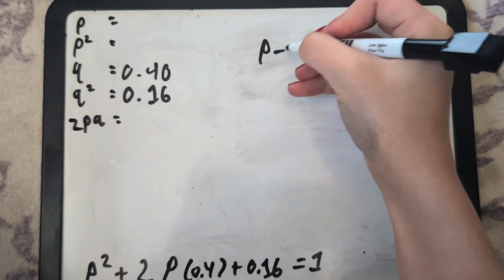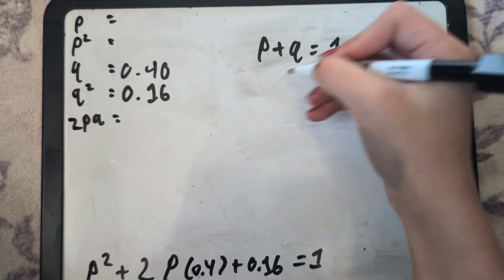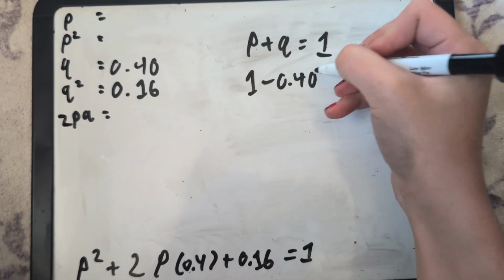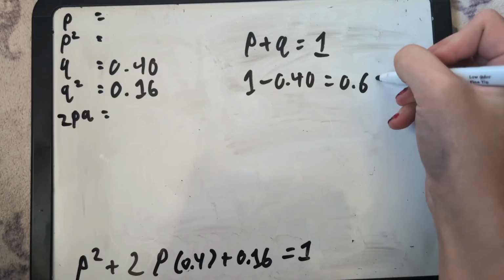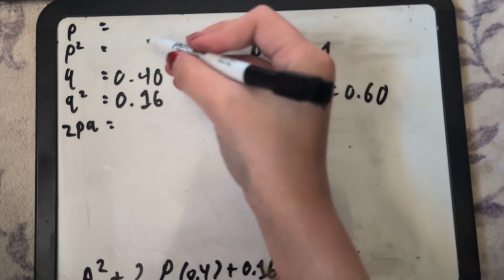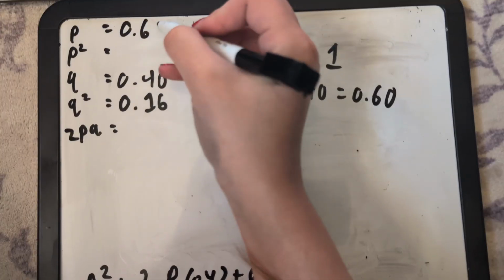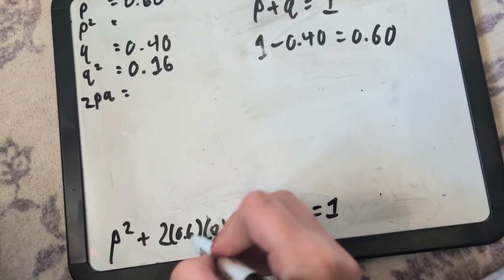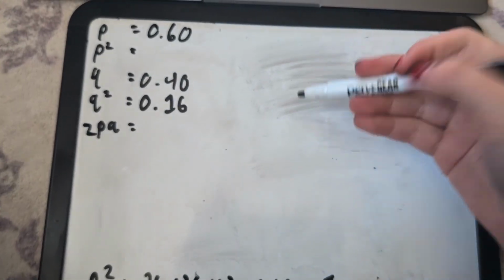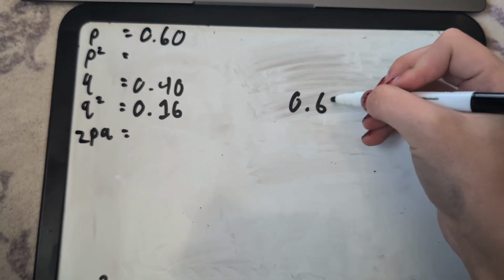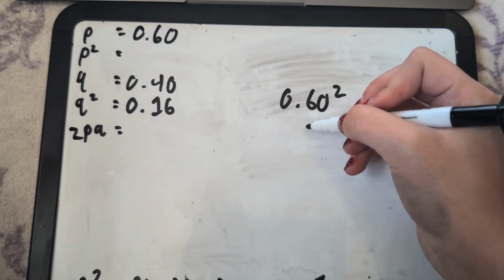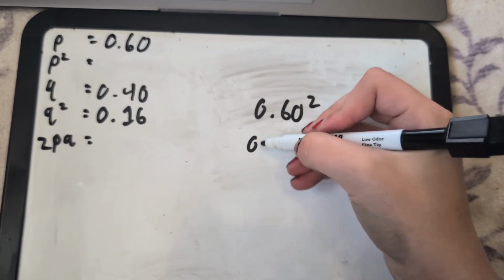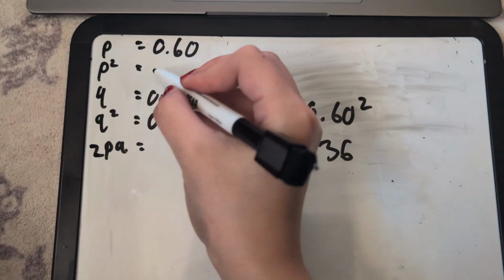Once again, p plus q equals 1, so 1 minus q, 0.40, equals 0.60, which makes p 0.60. And then to find p squared, we just square p, which is 0.36.